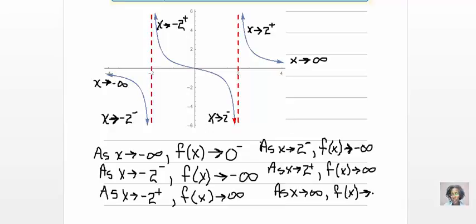So they're approaching the x-axis, and they're always a little bit bigger than 0. Alright, so this is our arrowhead notation, and it allows us to make certain statements and write them very succinctly.